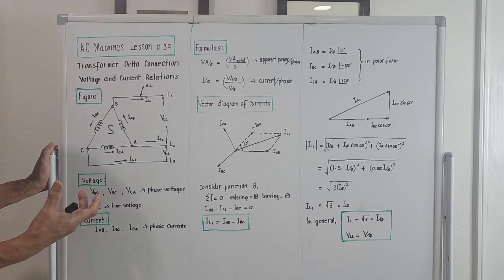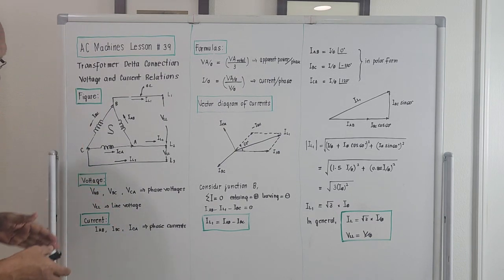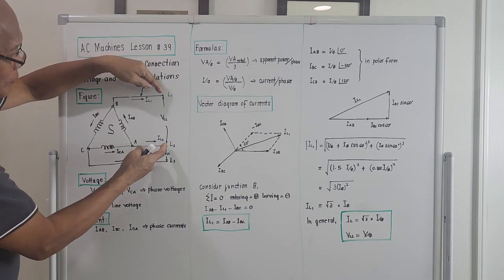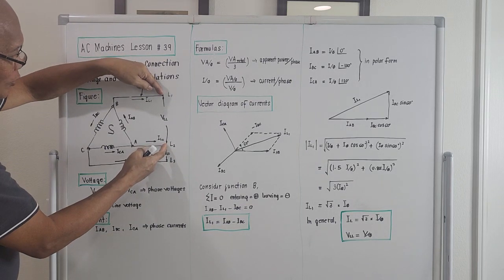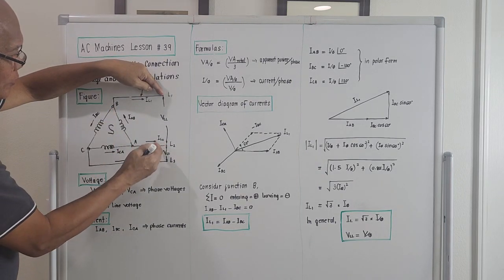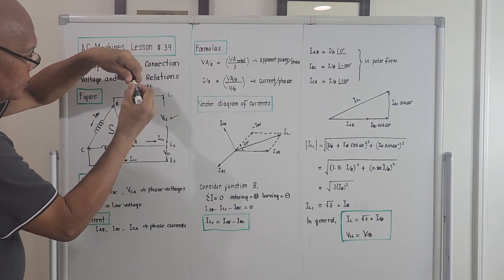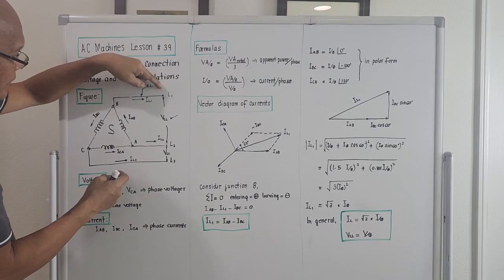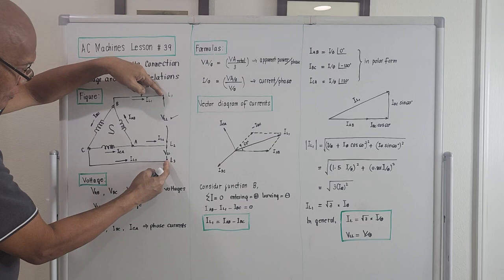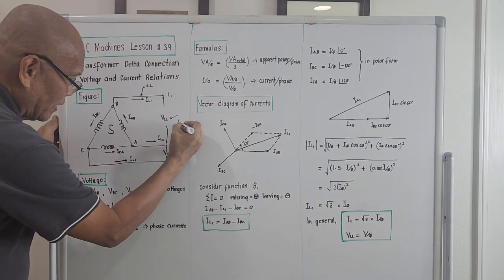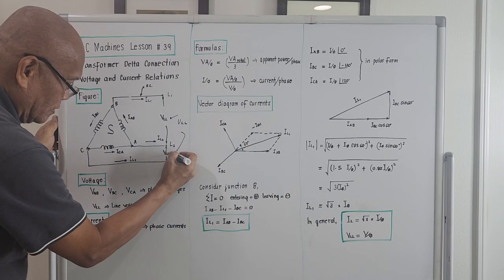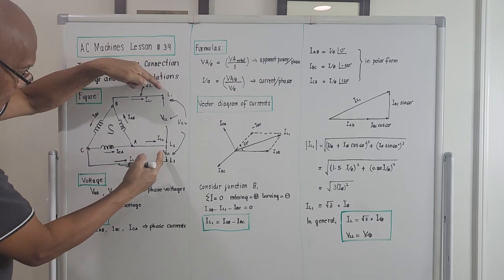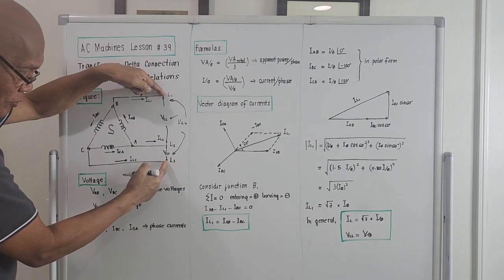For the designation of the line voltages, there are also three line voltages. If we take our voltmeter and place it across terminals A and B, we call that the line-to-line voltage. If we put it across B and C, that is still line-to-line.